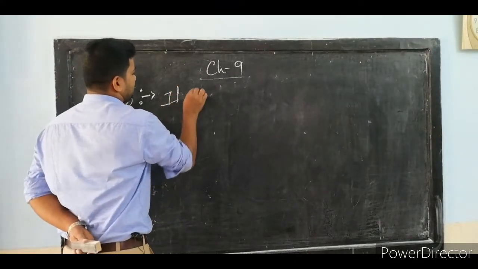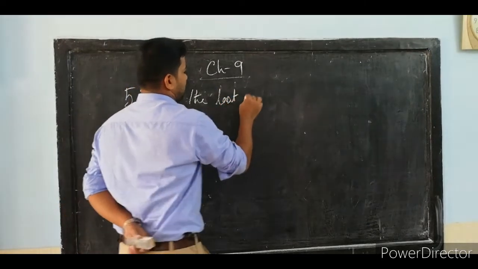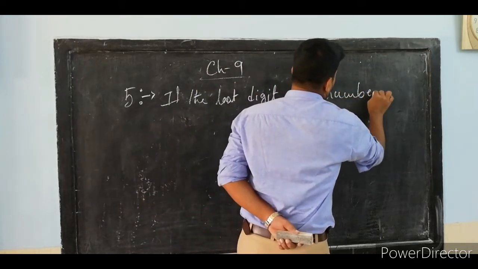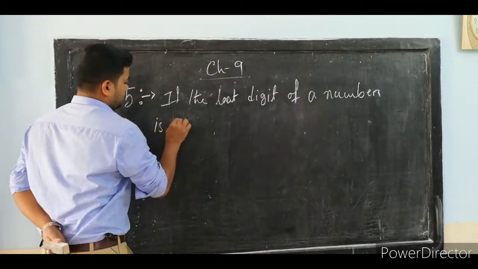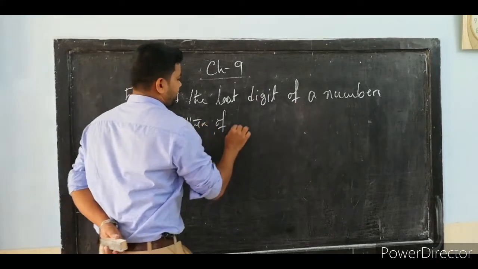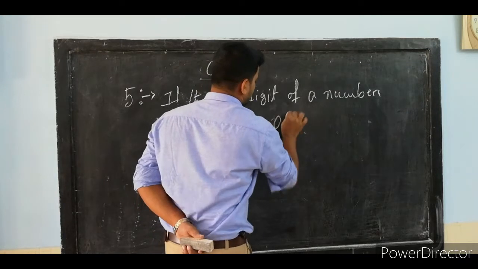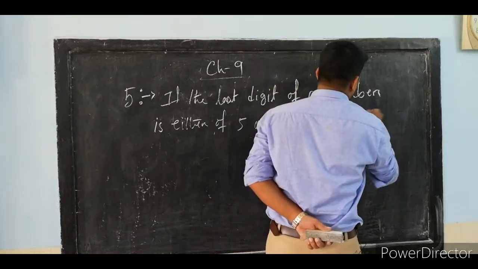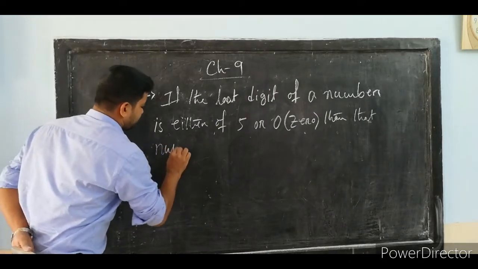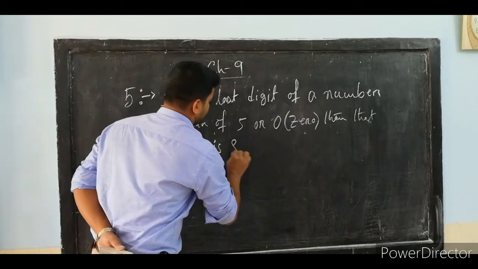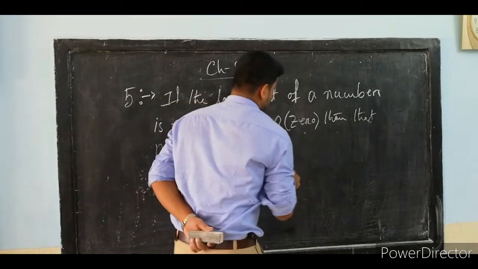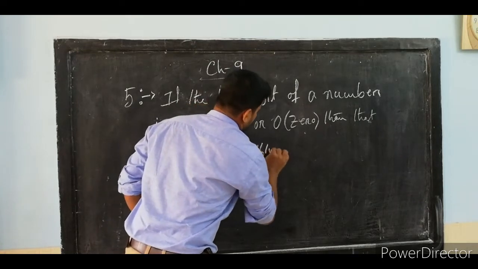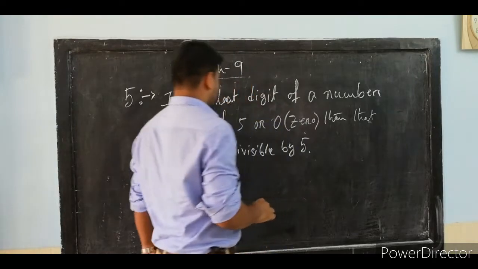Again, if the last digit of a number is either 5 or 0, then that number is said to be divisible by 5.